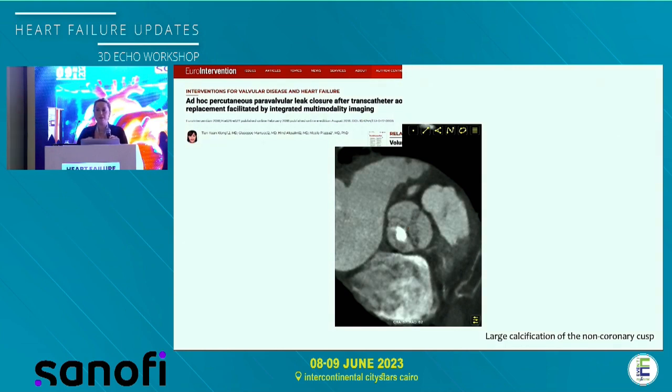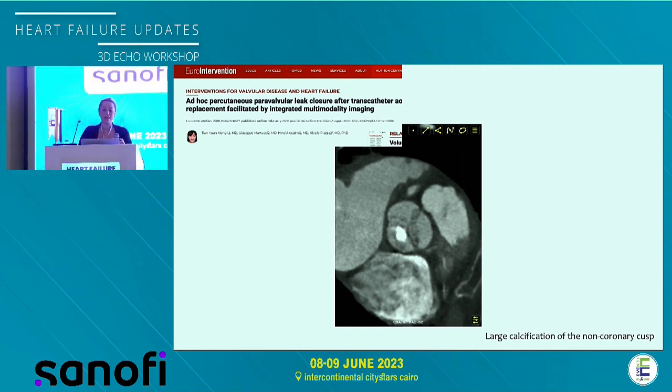It's fluoro-CT, and it combines fluoroscopic images with CT, and also fluoro plus echocardiography. I was asking all the time, can we use it for paravalvular leaks as well? And my mentor and supervisor, Dr. Nico Piazza, was saying, yes, we can use it.